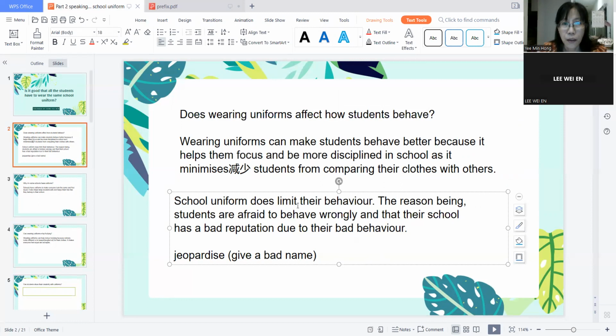School uniform does limit their behavior. The reason being, students are afraid to behave wrongly and that their school would have a bad reputation due to their bad behavior. All right, good. Or you can say that students are afraid to jeopardize their school due to their bad behavior. Okay, jeopardize, just give a name.